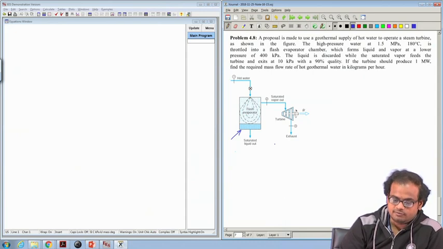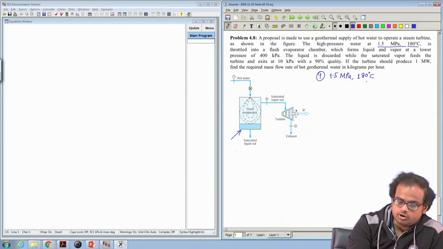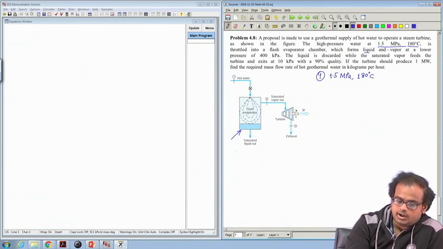So let's see what we have. We have high pressure water at 1.5 megapascal. So state 1, 1.5 megapascal of water and 180 degrees Celsius. It is throttled into a flash chamber which forms liquid and vapor at a lower pressure of 400 kilopascal.